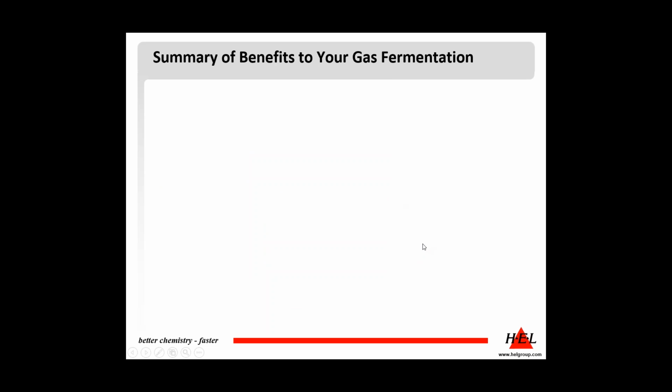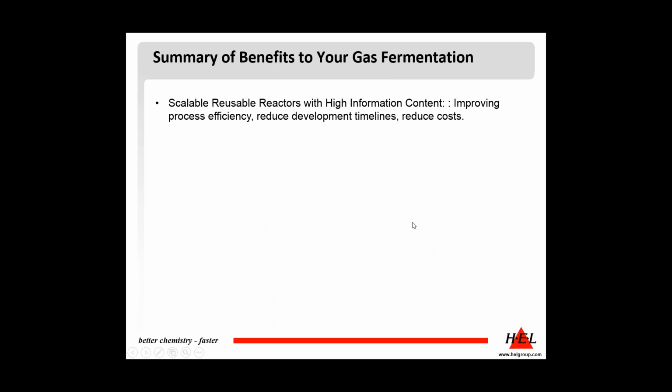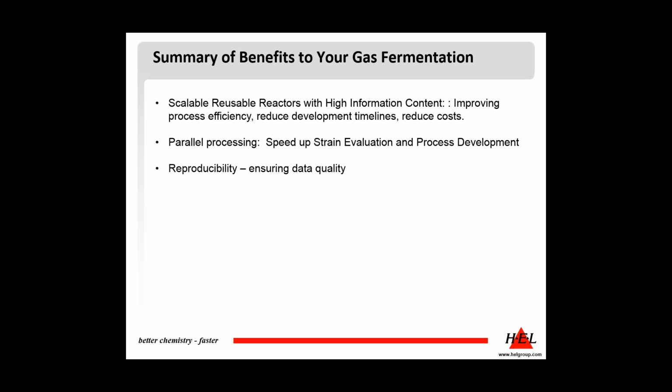So finally, just to summarize the benefits to your gas fermentation methods, what we provide are scalable, reusable reactors, providing high information content. So this really improves process efficiency, reduces development timelines, and ultimately reduces costs. These systems are capable of parallel processing, so they enable you to speed up strain evaluation campaigns and process development.